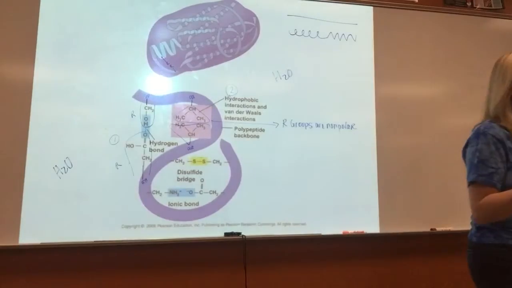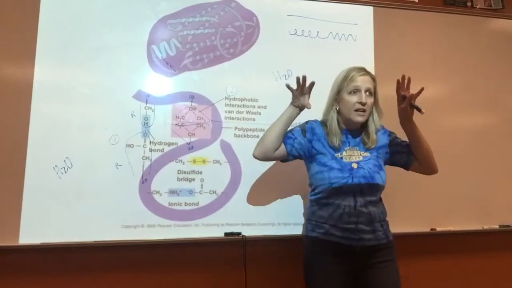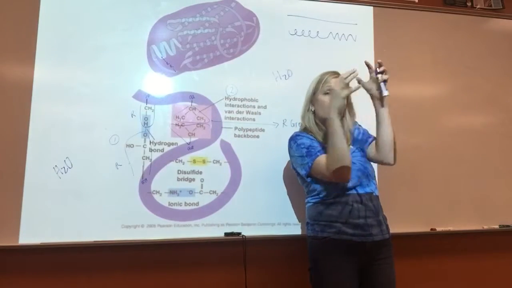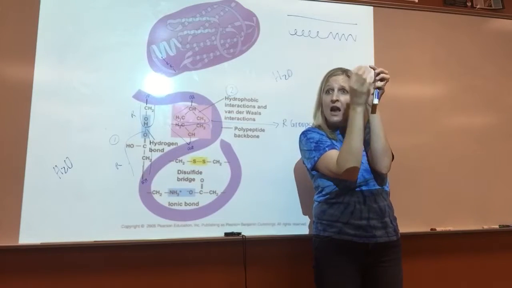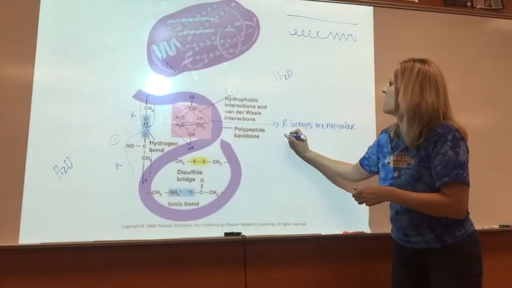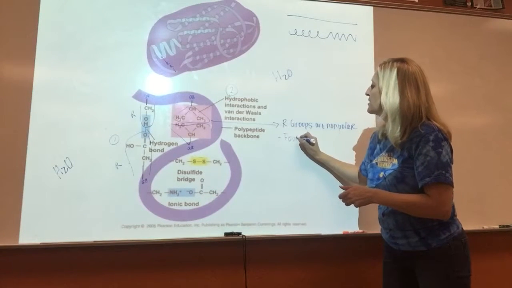So what happens is amino acids that have hydrophobic R groups, oftentimes in that chain of amino acids, the hydrophobic R groups orient themselves in the interior of the molecule away from the water. So these are found in the interior of the protein.